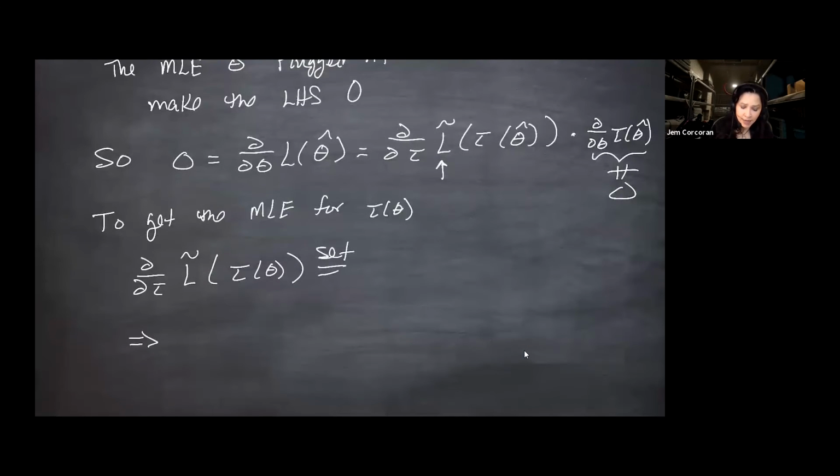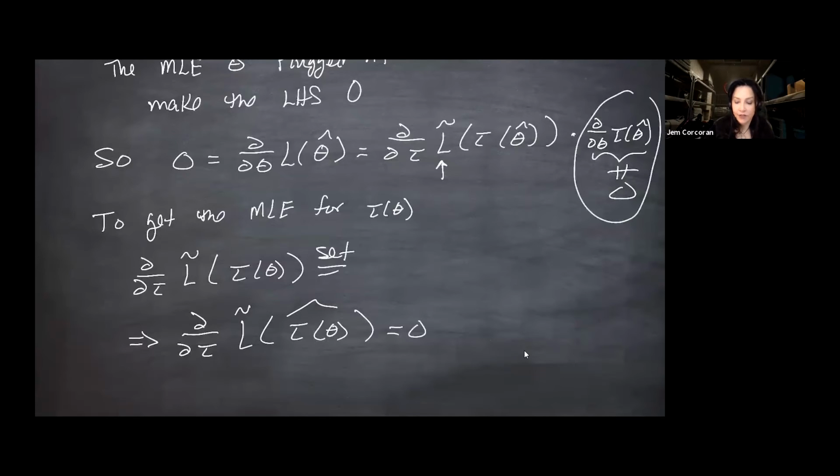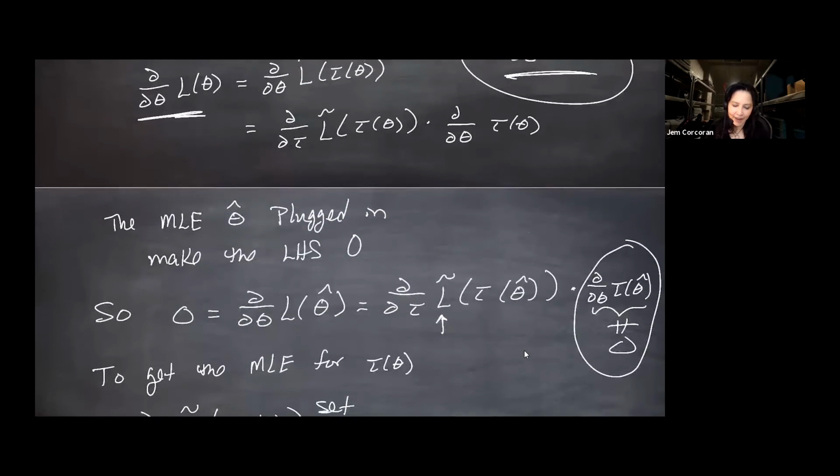So this implies that the derivative with respect to tau of L tilde of tau of theta hat, assuming it exists and assuming it's unique, is going to be 0, assuming this derivative does not turn 0.